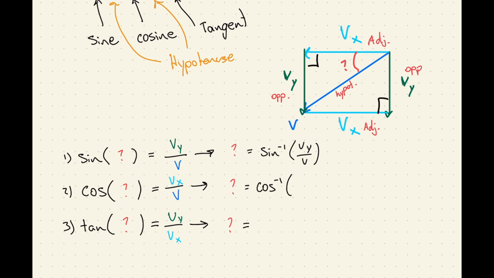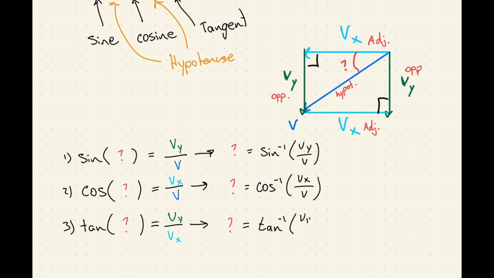Again, sine, cosine, tangent, and sine inverse, cosine inverse, tangent inverse are all functions in your calculator. You should be able to use those on an exam, or you should be able to look them up online to see what they do. And basically it is canceling one side of the equation to give you an answer for the question mark, which is the angle that we're looking for.